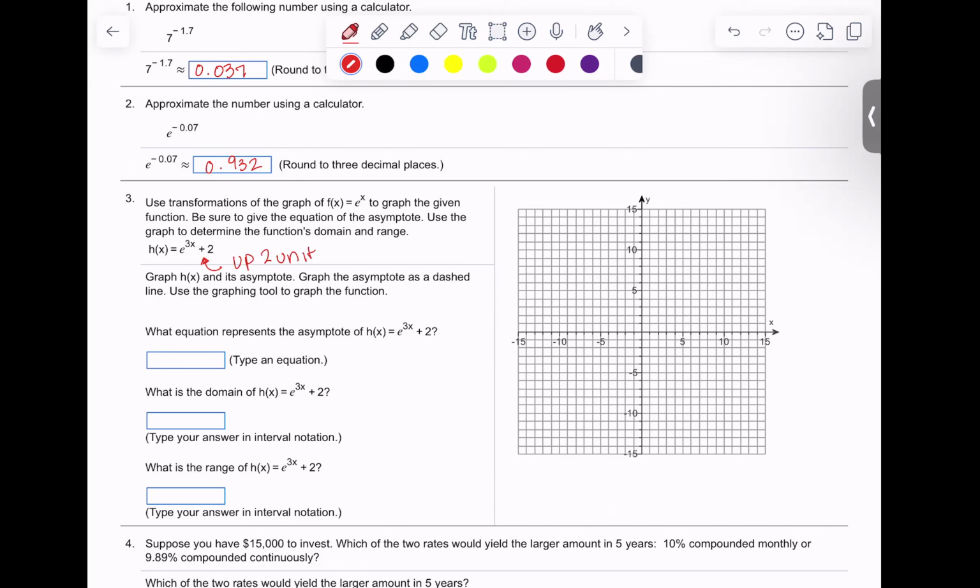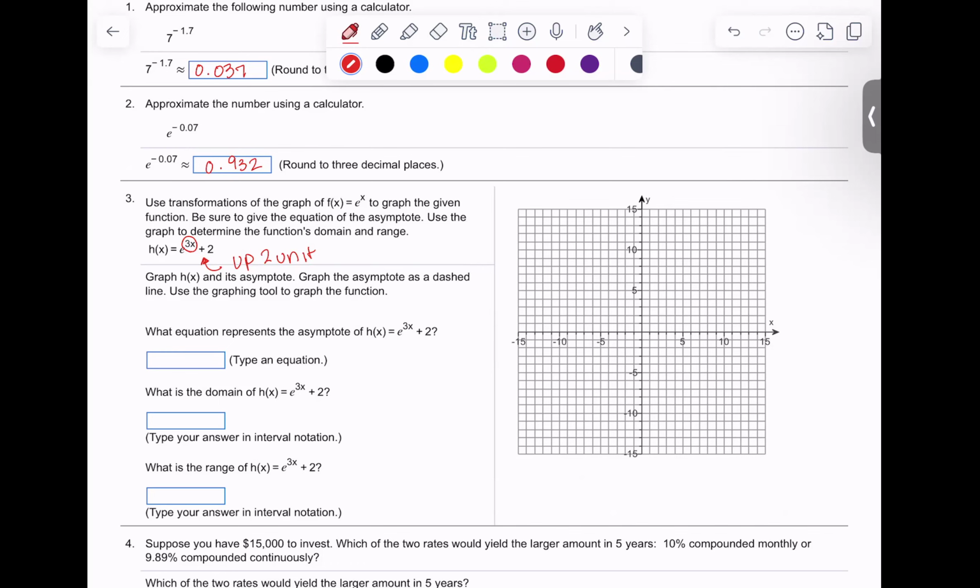And the 3 times the x, we're taking the input x and we're multiplying it by a constant bigger than 1. That means this is a horizontal shrink. If we multiply x times a number bigger than 1, that is a horizontal shrink.